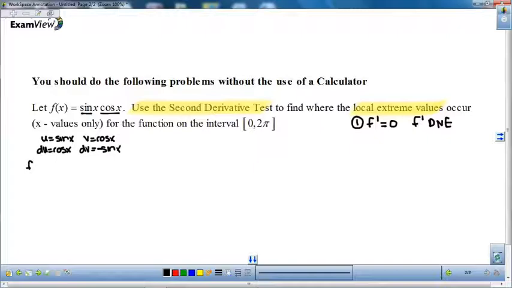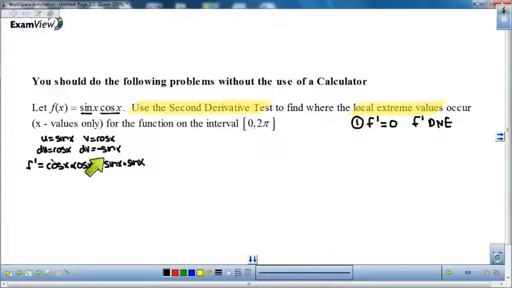So my derivative is going to be the derivative of u times v plus the derivative of v times u.